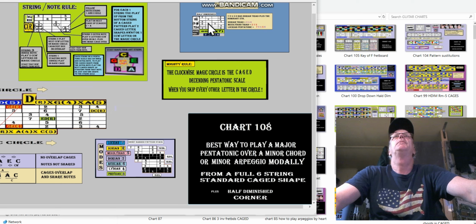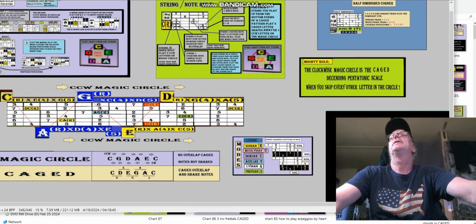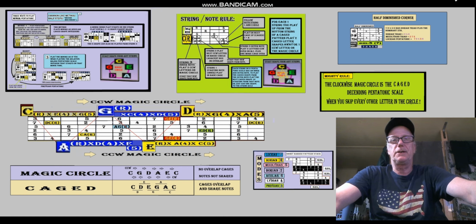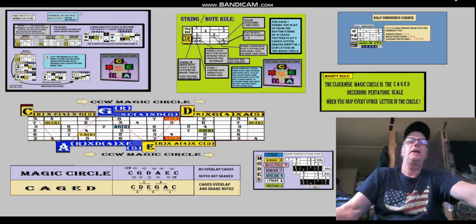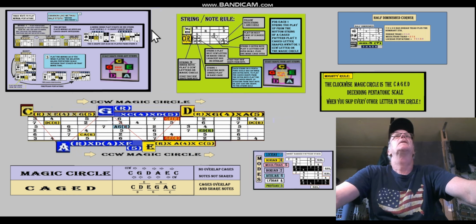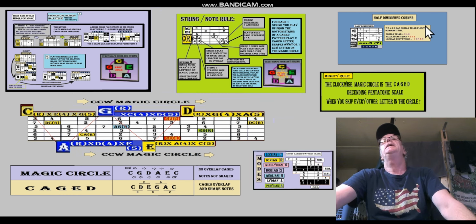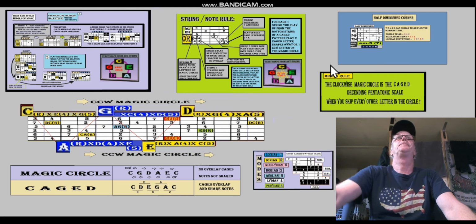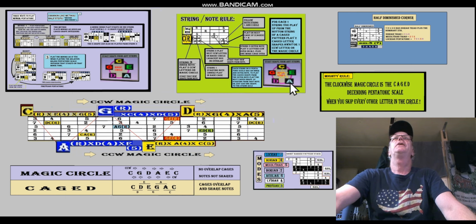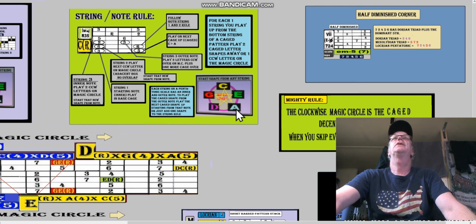And then we have plus Kiner's Corner over here, half diminished corner. Remember that newscaster from upstate New York, Kiner's Corner, kind of like a little opinionated thing, because that's what it is. It's kind of opinionated, but we don't want to go there yet. I'm going to explain this chart. Now, it's very interesting. There's some interesting looking stuff here.